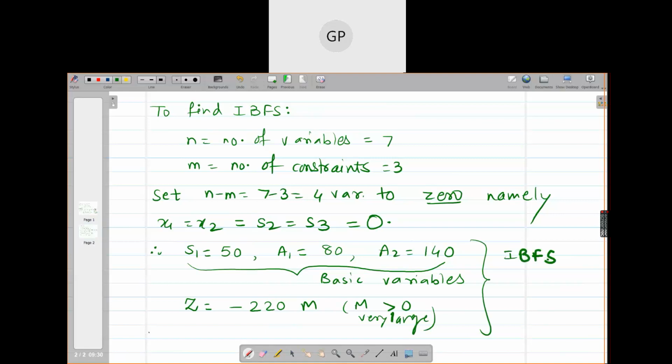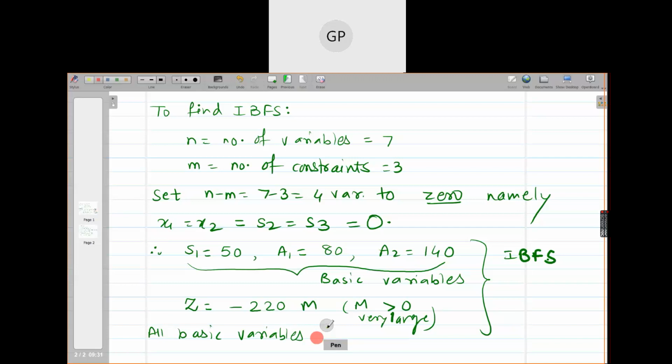All basic variables are at positive level.